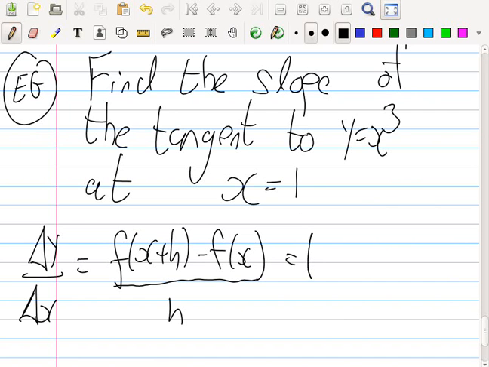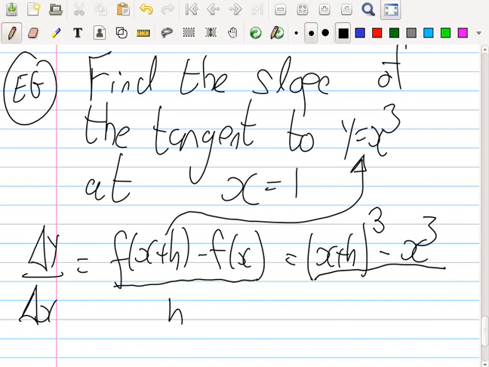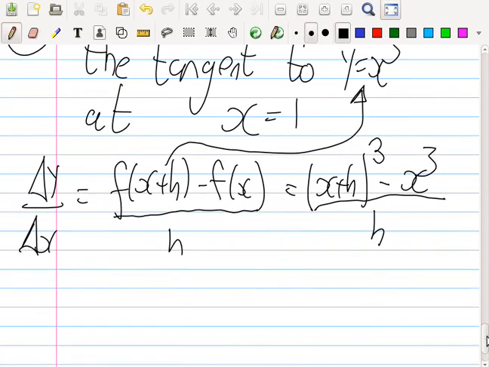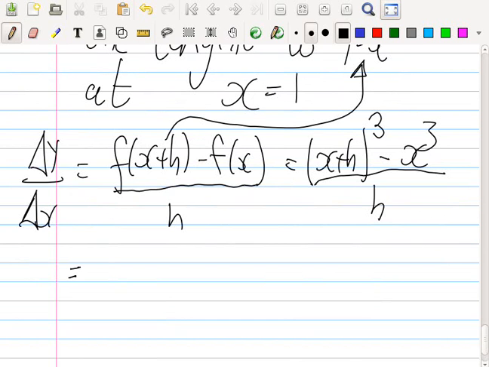I get (x plus h) cubed minus f(x). What's f(x) here? x cubed, all over h. Now, have you seen this problem before? (x plus h) cubed. Yes? We can use Pascal's triangle or whatever we like. Remember?